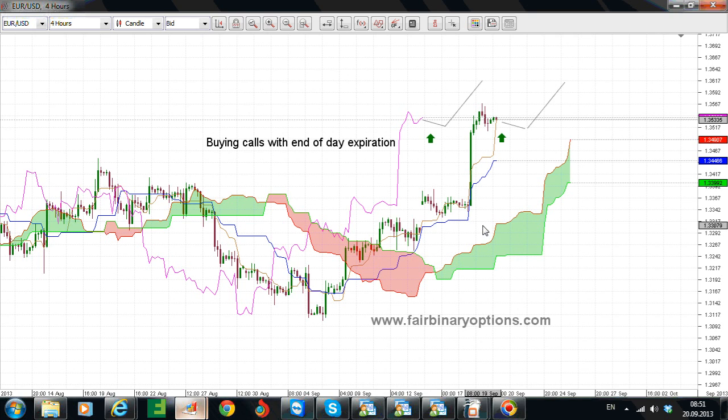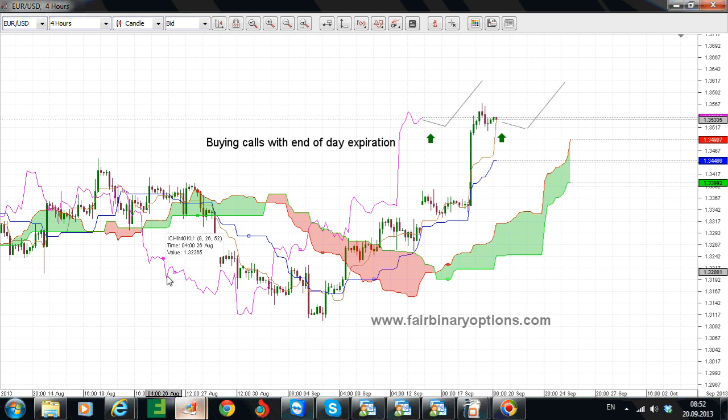For the future, whenever you are using the Ichimoku indicator, take a look at the Chinkou, because every time the Chinkou comes to the candles in front of it, the initial tendency is to be rejected or to go above or below them. Take a look here on the downside as well.